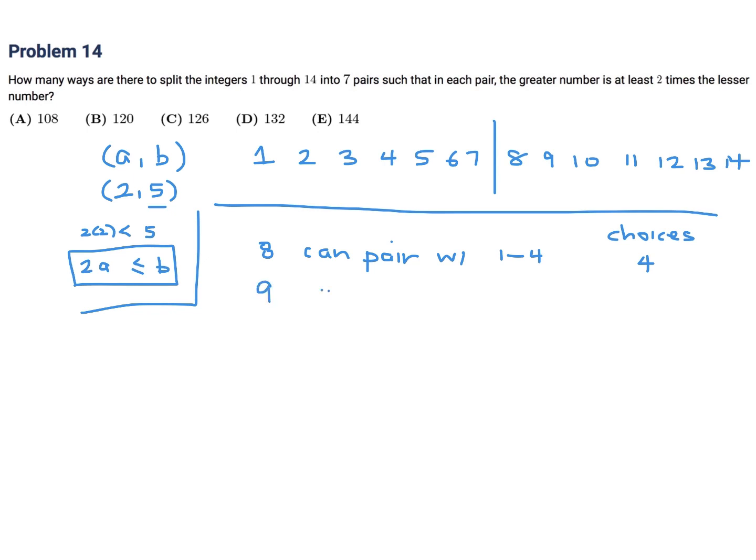The 9 can also pair with anything from 1 to 4, and therefore we have 4 choices there. But we've already used one choice for the 8, whatever we choose. So it's going to be 4 minus 1, which is 3. All right. 10 can pair with anything from 1 to 5.